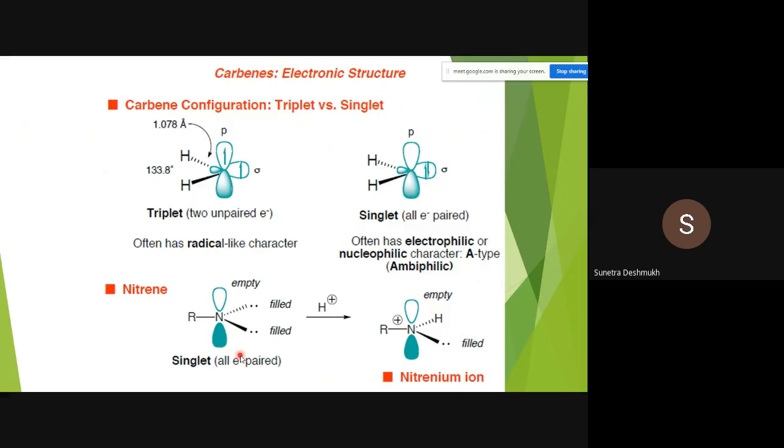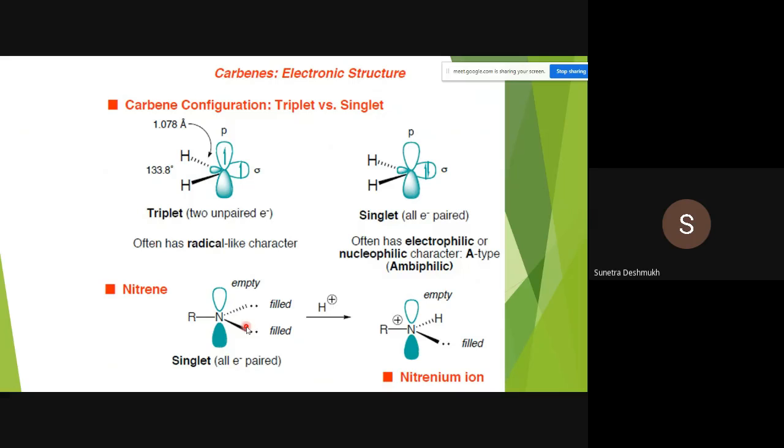Now the nitrene. What is a nitrene and what is a nitrenium ion? In singlet nitrene, nitrogen has a total of six valence electrons: one, two, three, four, and two more with R, total six electrons. In carbon also there are a total of six electrons, one, two, three, four, five, six. In the singlet all electrons are paired.